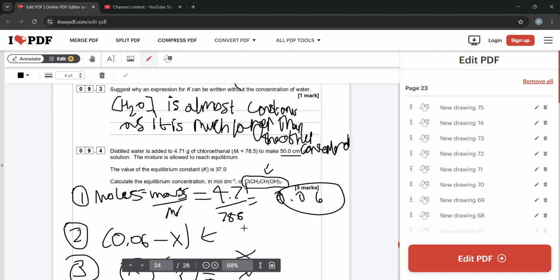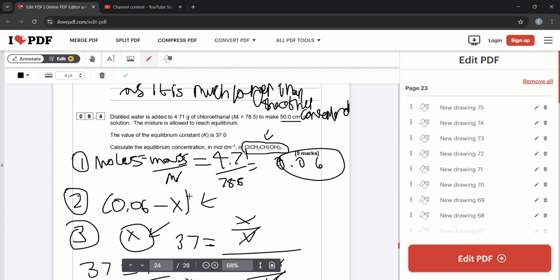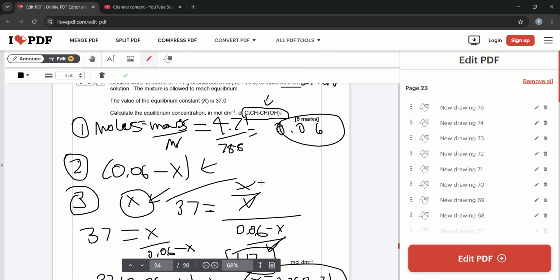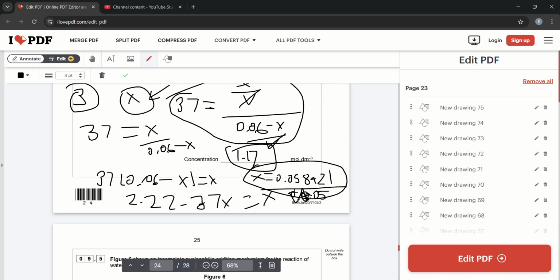So I just want to go through this one real quick. We find out the moles, mass over Mr, 0.06. We know the moles of this is 0.06, so this is going to be X, right? If we want to find the equilibrium moles of the other thing, it's going to be 0.06 minus X. Construct the equation, X divided by V, the volumes cancel out, and we get X is equal to this.